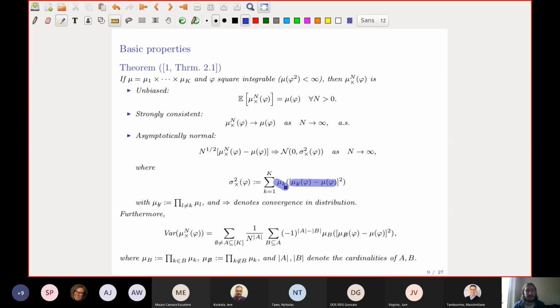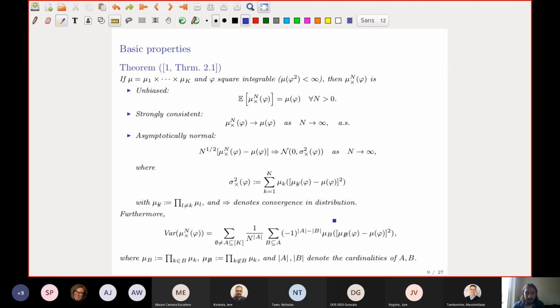And then you integrate that against mu k. And then if you compare that with the IID estimator, in which basically here you have phi and out here you have mu, that's probably going to be better, right? In the IID estimator, we have a k-dimensional function squared integrated against mu. And by Jensen's, that's probably going to be significantly bigger than just this here, where we have just a one-dimensional function squared and then integrating against mu k.